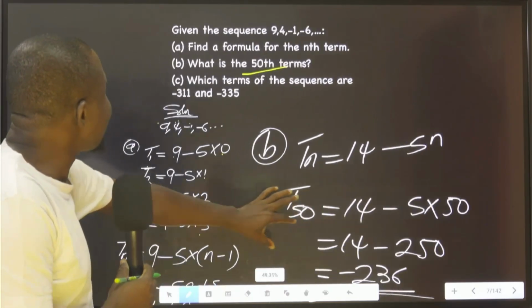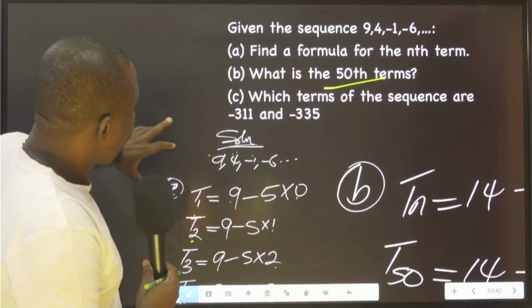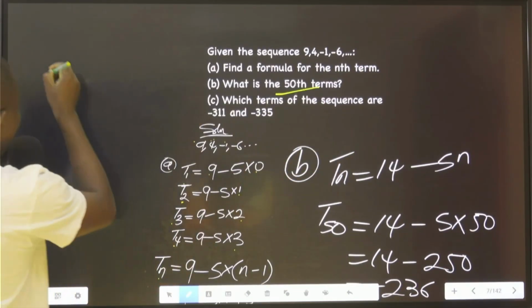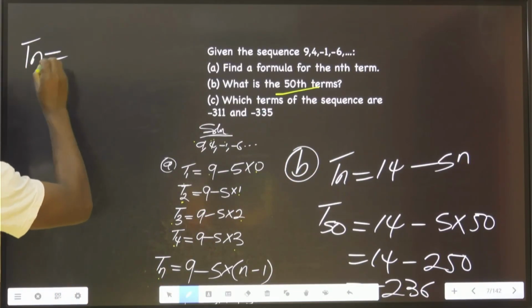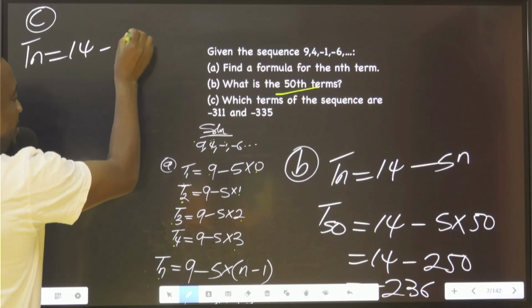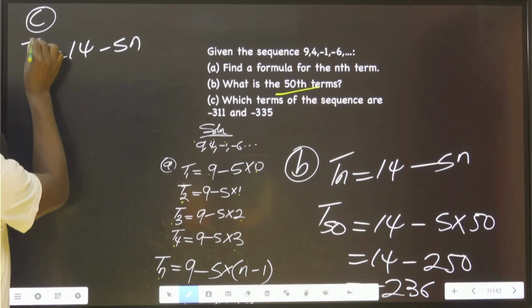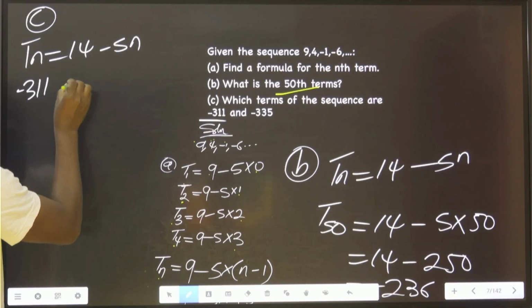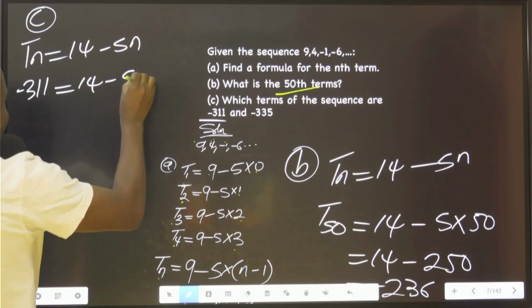The C part says, which term are these? Let's take the nth term again. That is, for the C, 14 minus 5n. Here we have minus 311 equals 14 minus 5n.